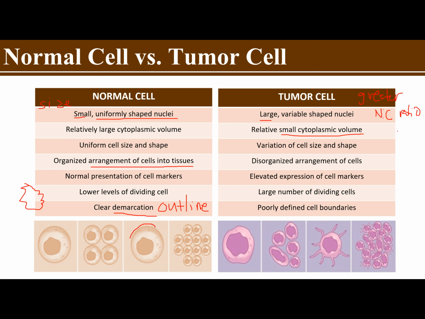Mas malaki, bigger, class, ang nucleus kesa sa cytoplasm. Variation of cell size and shape, disorganized arrangement of cells, elevated expression of cell markers, large number of dividing cells, and they are poorly defined. They have poorly defined cell boundaries. So that's the difference of your normal cell versus your tumor cell.